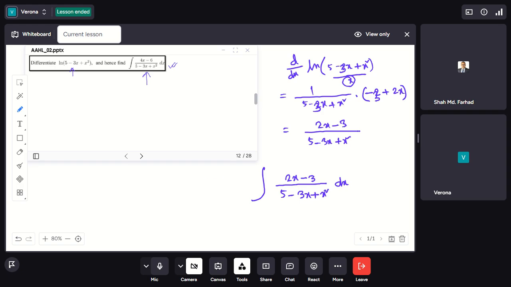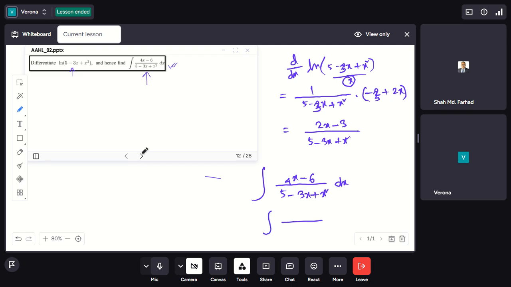But if we notice the integral here, we are given 4 and here 6. So we don't need to multiply here, right? That means we have to take common.